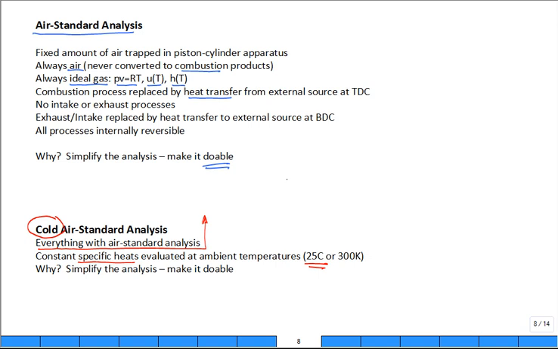Because it makes it not only doable, but it lets you package up some really important results, like the overall thermal efficiency of an Otto cycle being an analytic function of the compression ratio. That's incredible as a result. Okay?